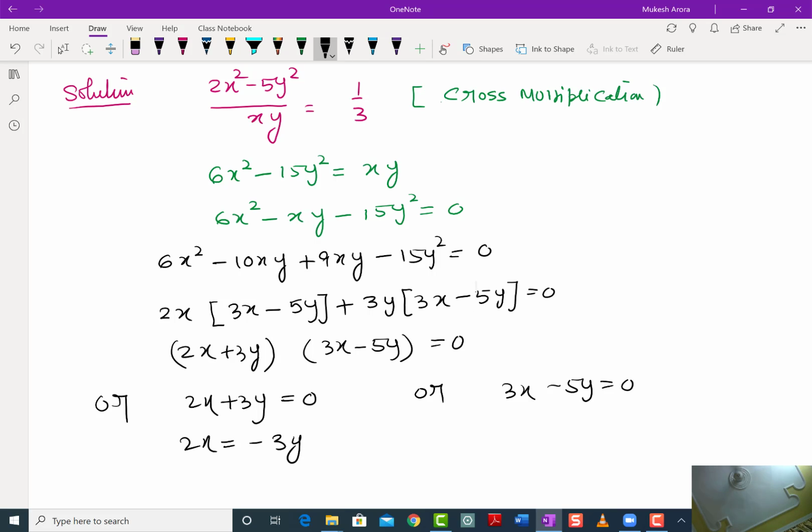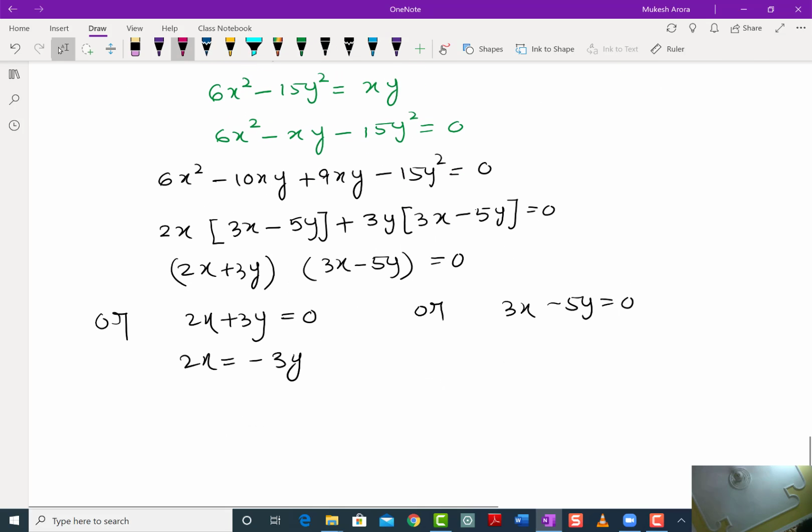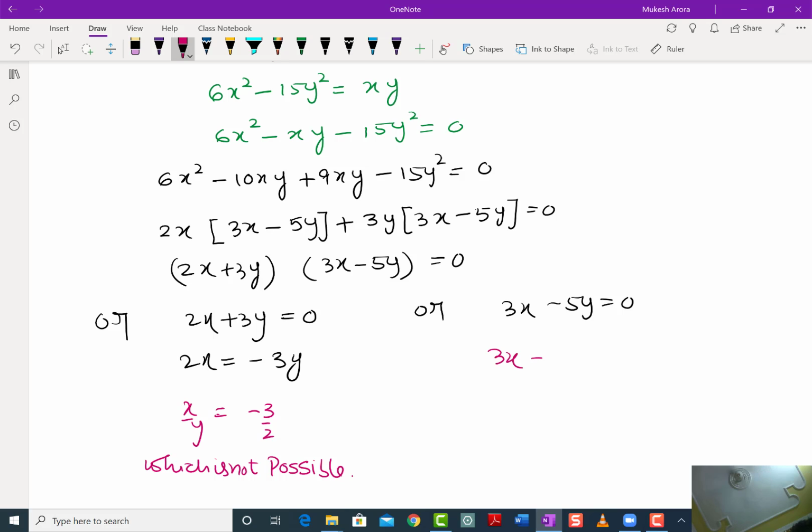So the ratio here is x by y is equal to minus 3 by 2, which is not possible because ratio cannot be negative. From here 3x is equal to 5y, so x by y, x will remain here, y will come down, 5 by 3, so x ratio y is 5 ratio 3 is our final answer.